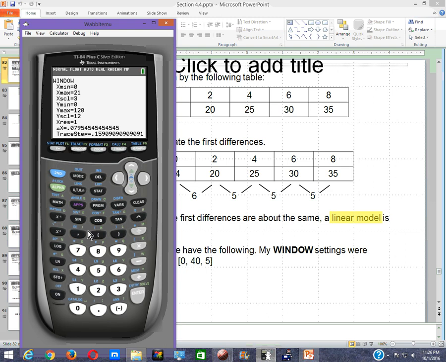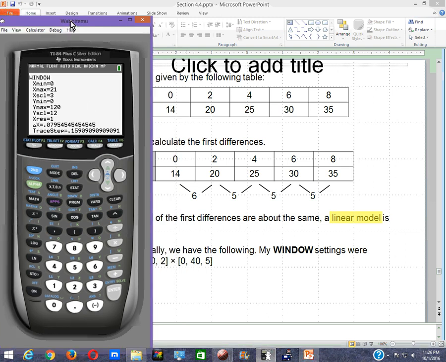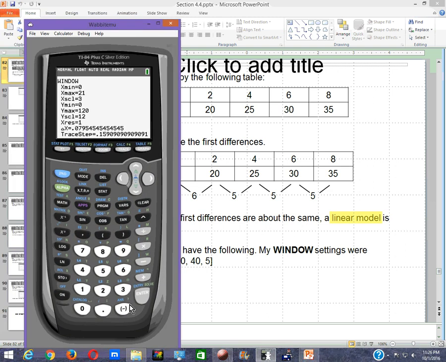Window: 0, 10, 2, 0, 40, 5. Quit. Let me clear out my lists. 4, enter. Okay, now stat, enter.